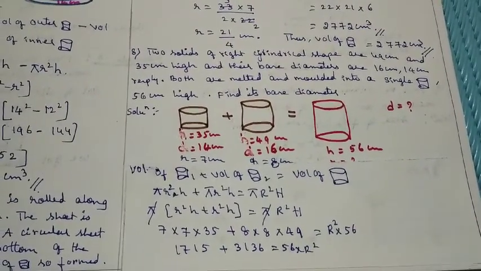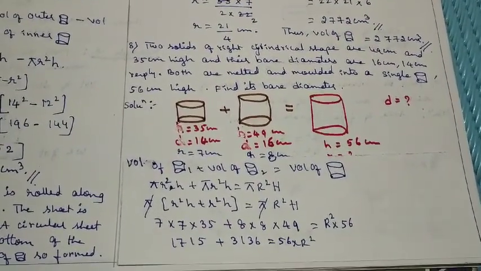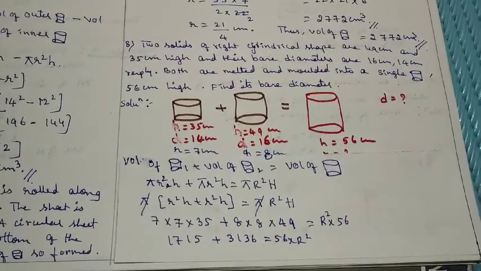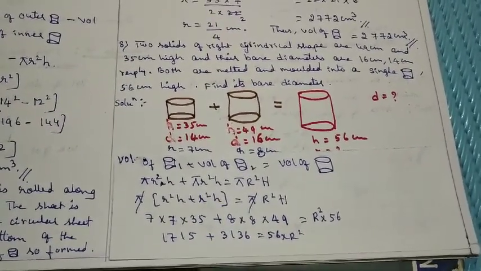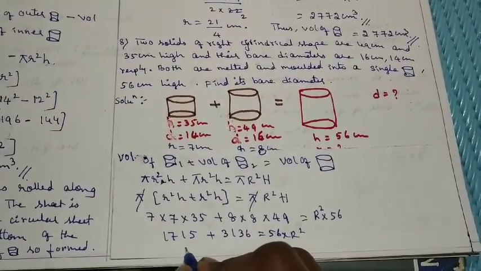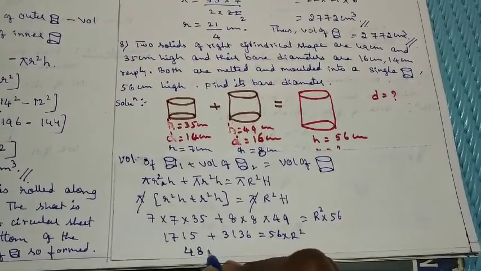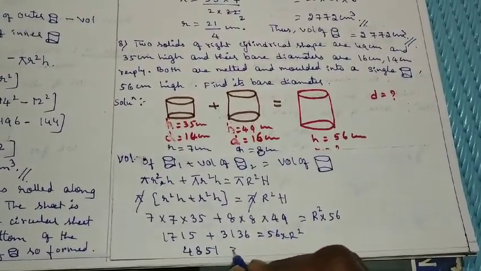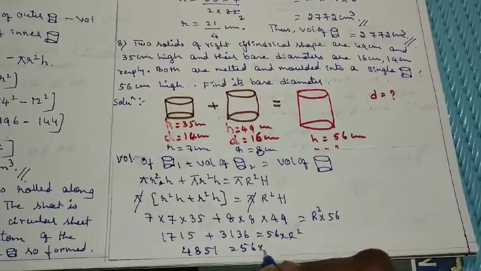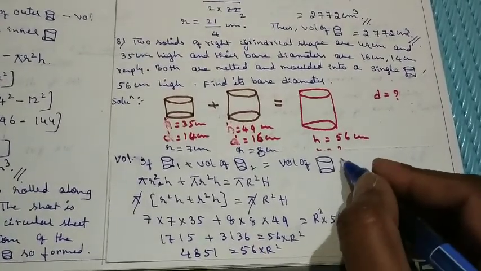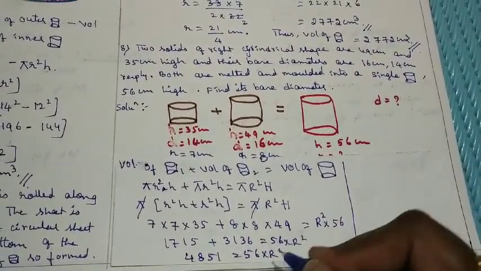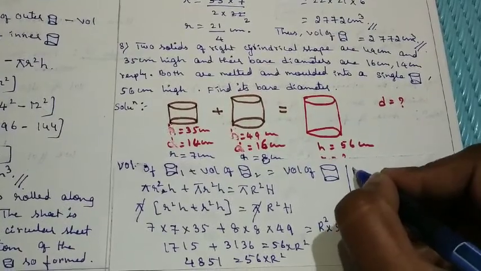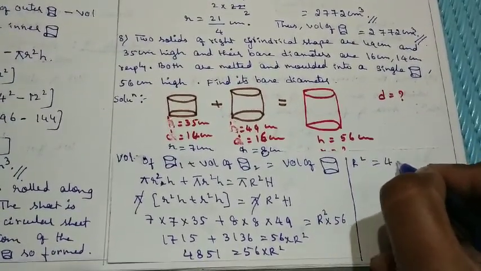Then addition of these two, that is 1715 plus 3136, if we add it, then we'll get 4851 equal to 56 into R square. We know that 56 is under multiplication with respect to R square, then it changes to division.